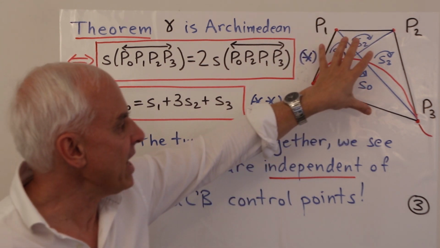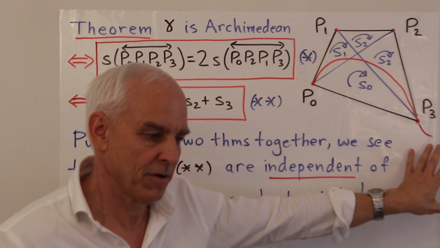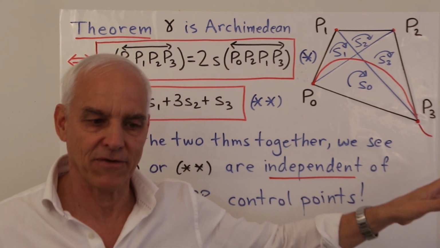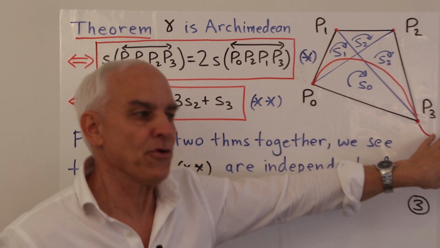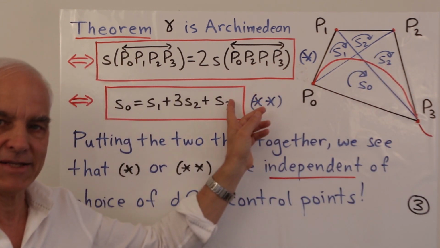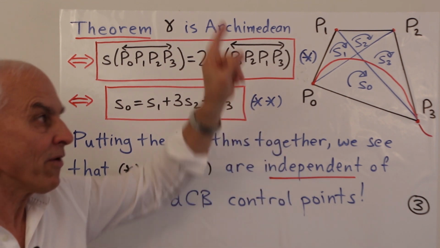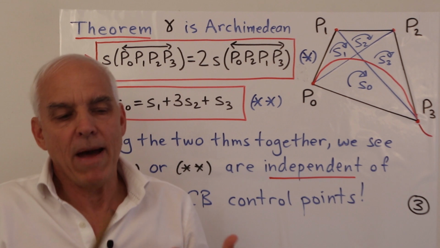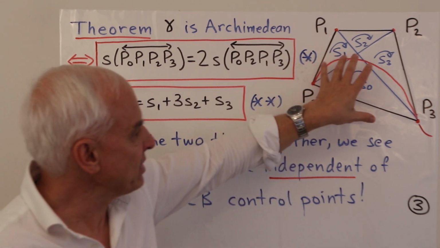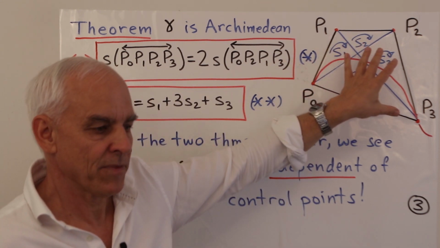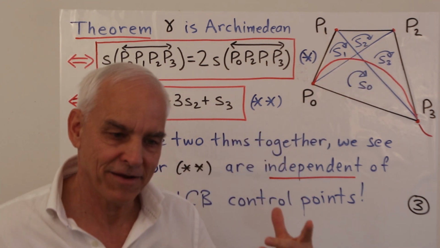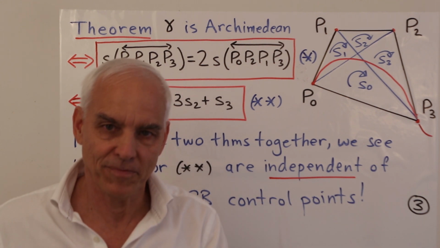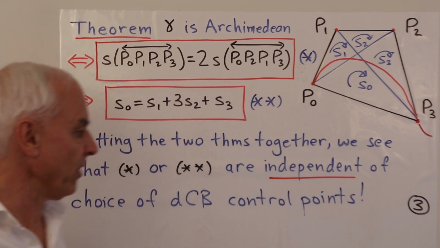But that means that if we take any other set of control points for the same curve, then that other quadrilateral will satisfy exactly the same condition because it's equivalent to the point at infinity being singular. So automatically we get as a consequence that this particular property, if it holds for one control quadrilateral, then it holds for all of them. That's quite interesting already by itself.